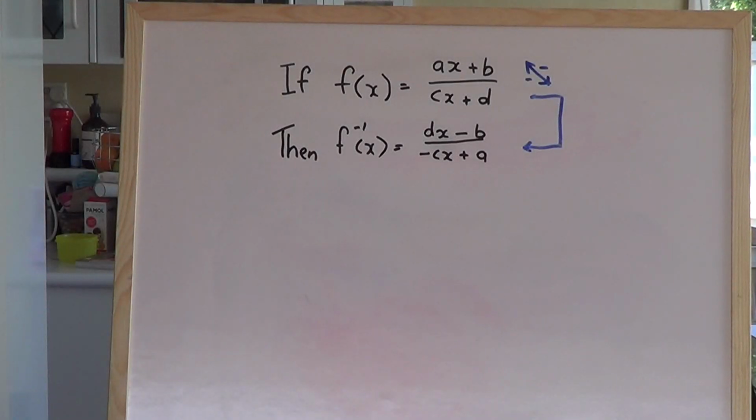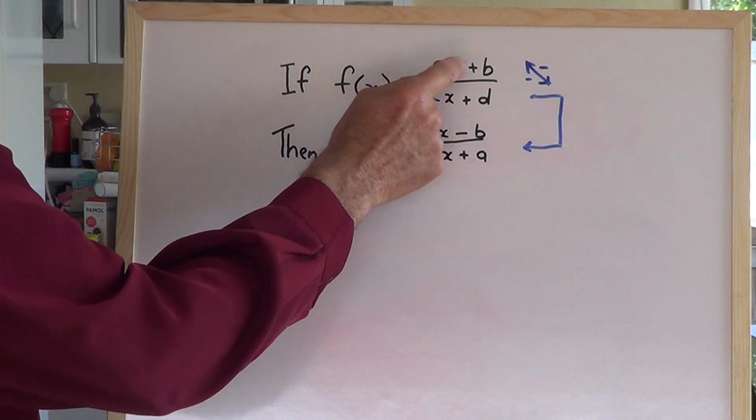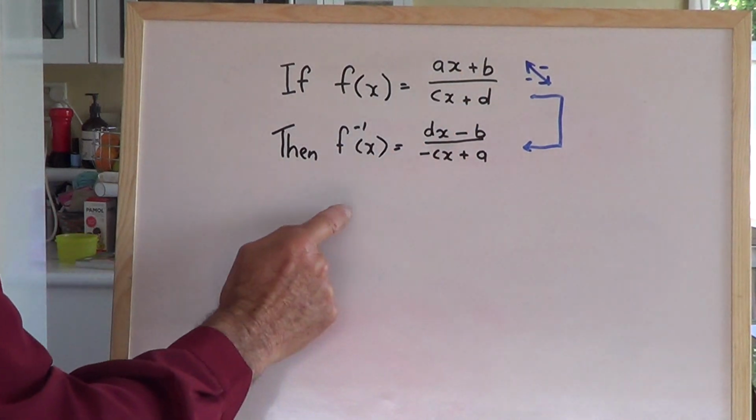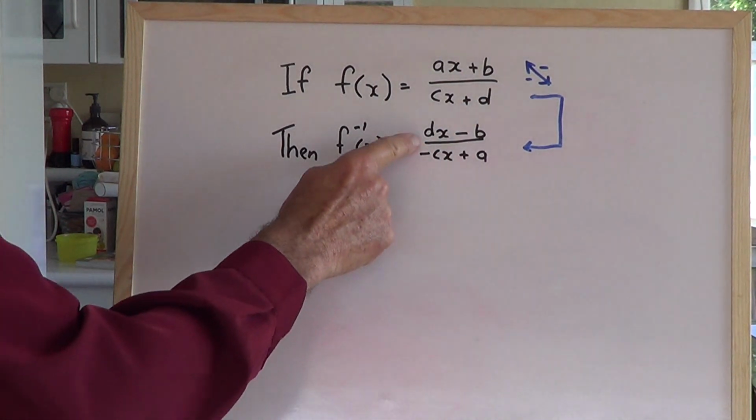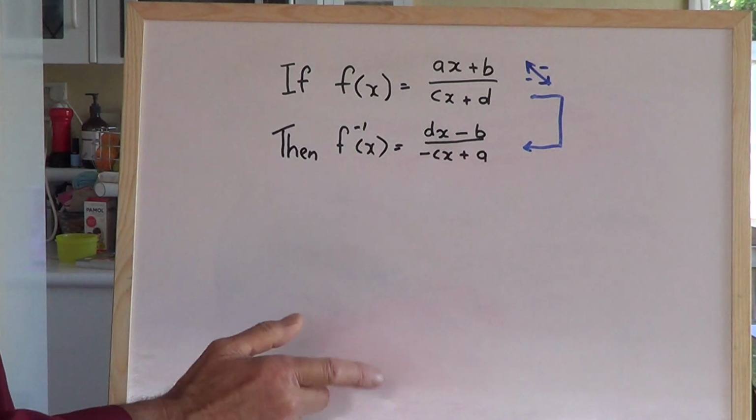Right, when you're working out the hyperbola inverse, when you're writing down your answer, these are the first two lines you must write down. If f(x) is equal to (ax plus b) over (cx plus d), then the inverse is equal to (dx minus b) over (minus cx plus a).